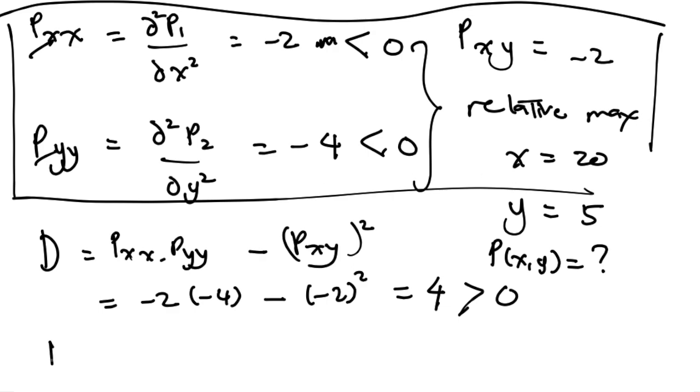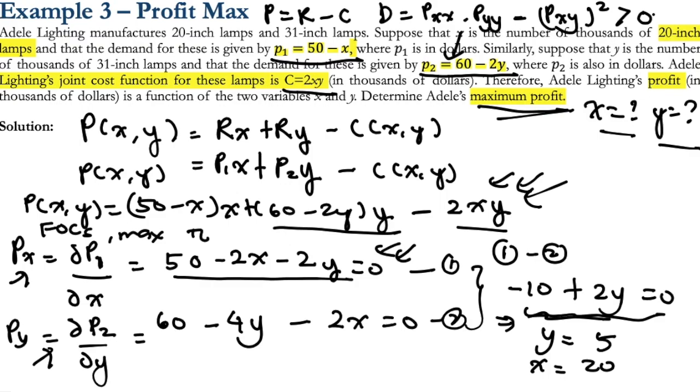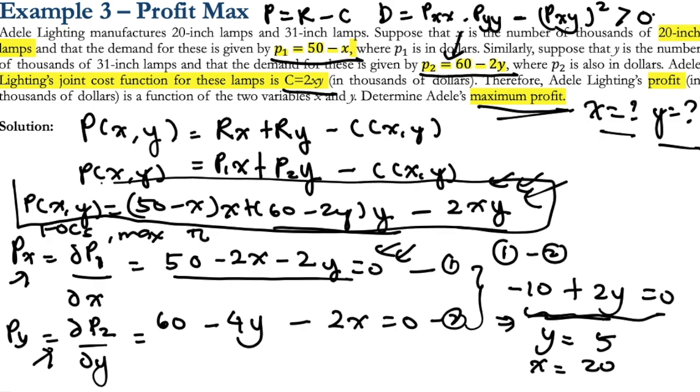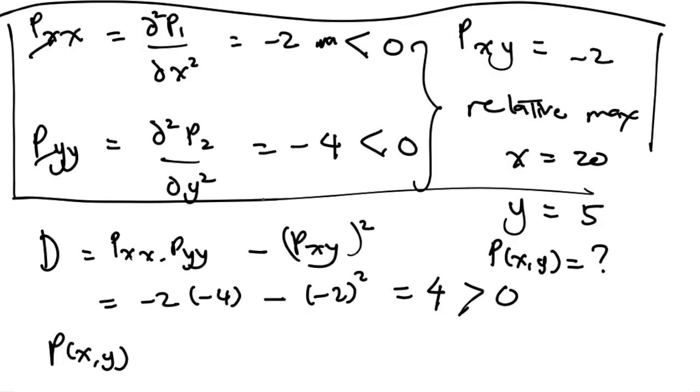So profit of x and y is very simple. The equation for profit that we found is this one. You just need to substitute the value of x and y, x which is 20, y which is 5, into this profit function, and then this is what you get.